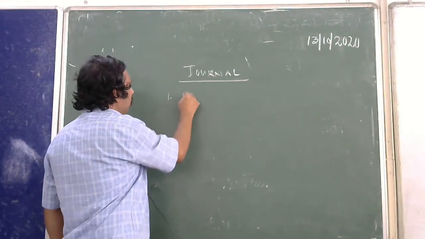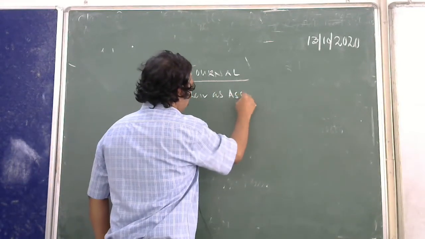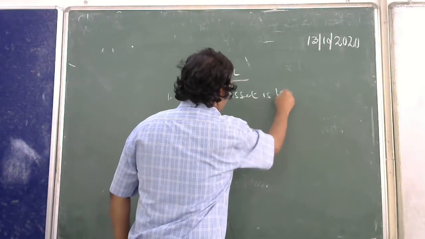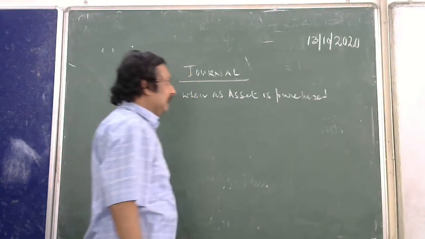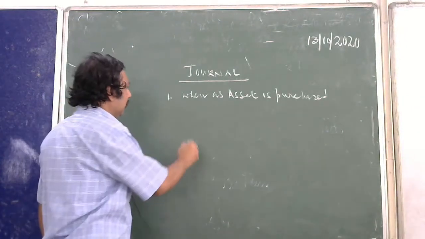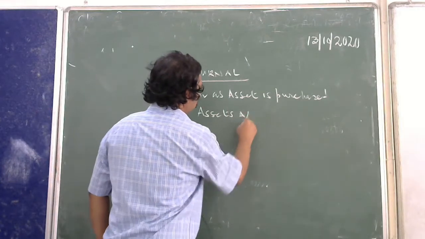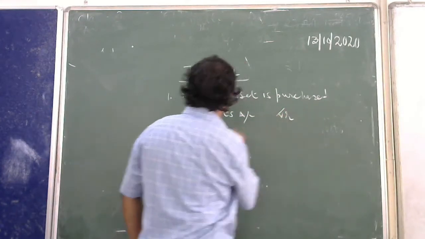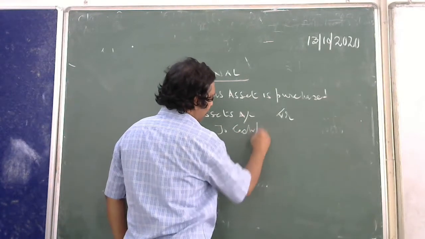First journal entry, when an asset is purchased. When an asset is purchased, as you know, the journal entry will be assets account debit to cash if it is paid in cash.